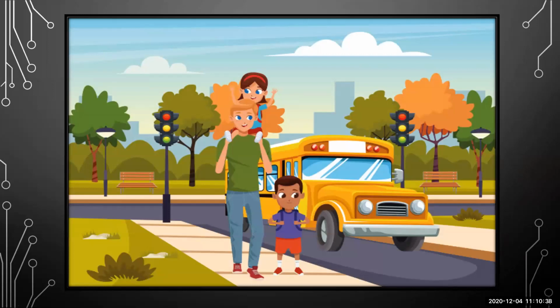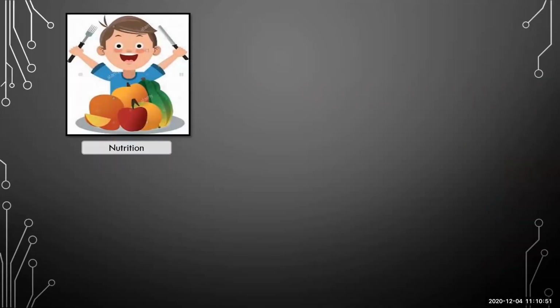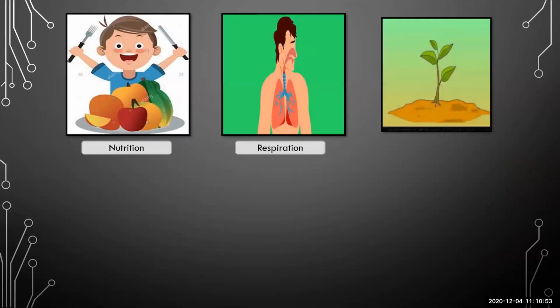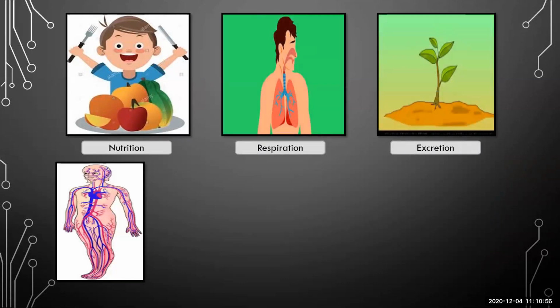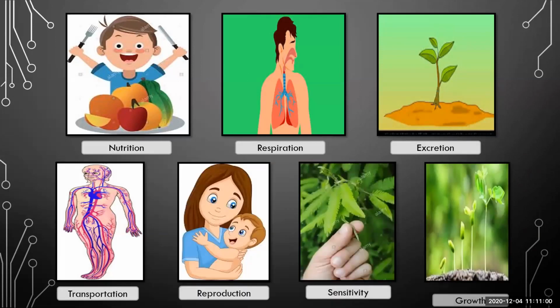As we have studied, the life processes are the processes which we can see in the living things and which are not seen in the non-living things. The processes such as nutrition, respiration, excretion, transportation, reproduction, sensitivity, and growth. So these are some of the life processes which we can see in the living things and which are not seen in the non-living things.